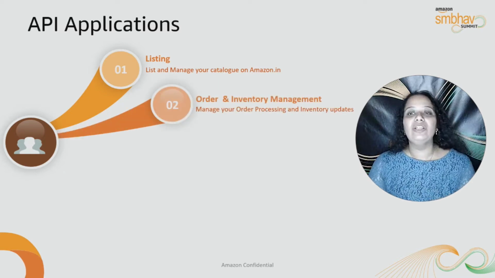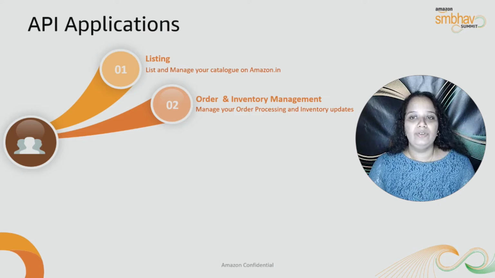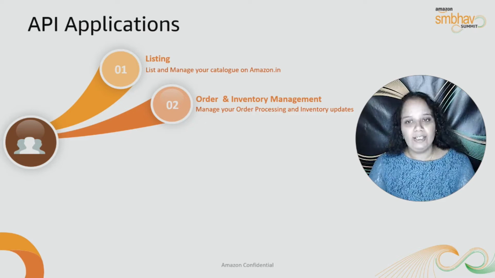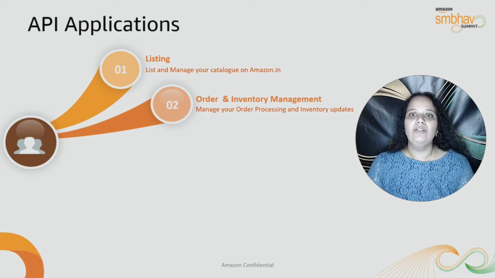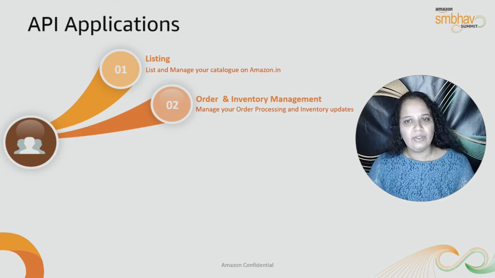You can manage your inventory and orders using APIs, which means you can identify which products you need to send inventory for, if you're selling on FBA, to a warehouse, and then you can send the shipment across. You can also update the inventory status for your MFN and Easy Ship offers so that the products remain in stock.